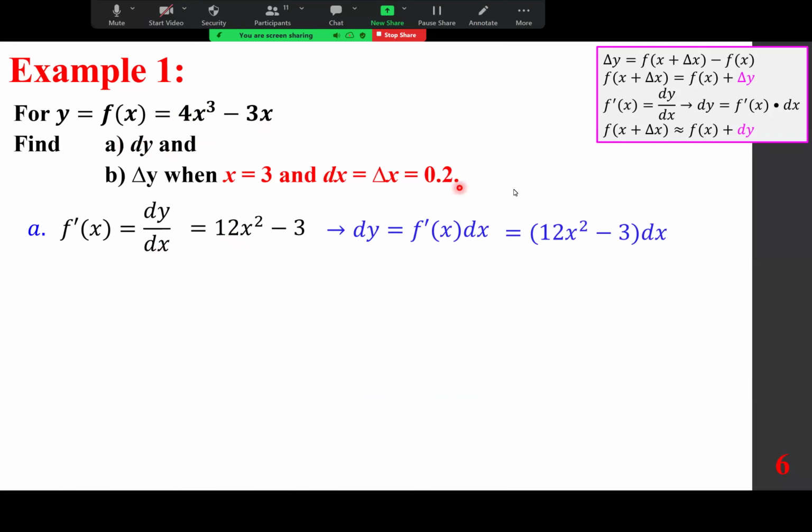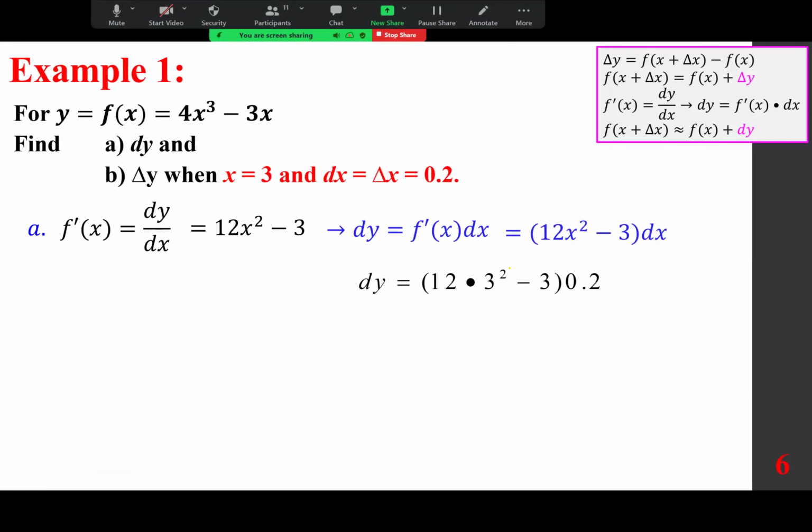That's part A. Part B says, find both of them when x is 3 and dx or delta x is 0.2. First, let's find this one when we replace the x with 3 and dx with 0.2. This is pretty simple.